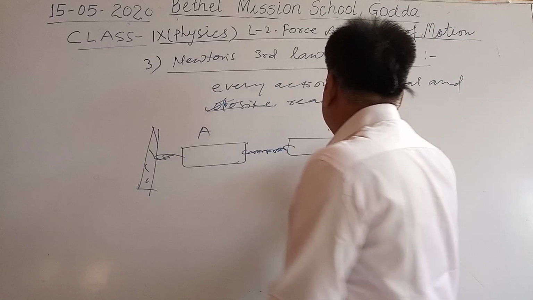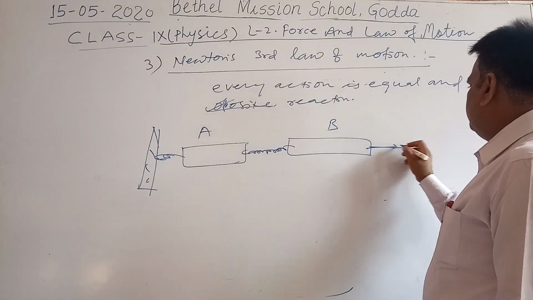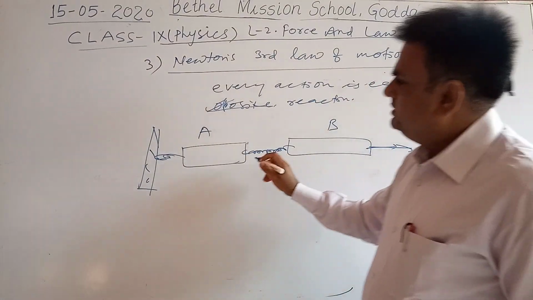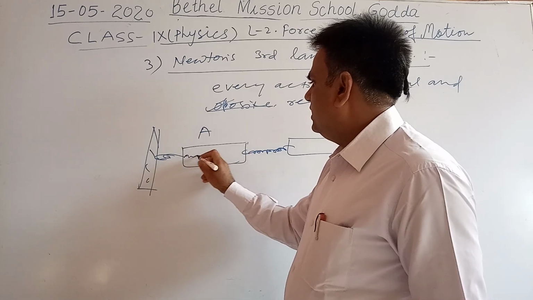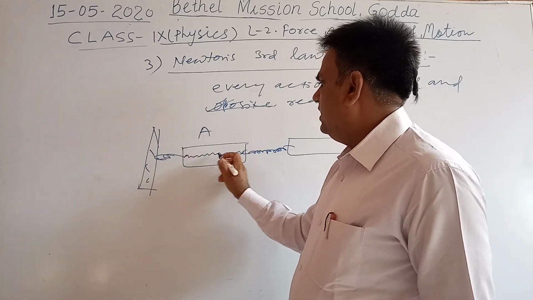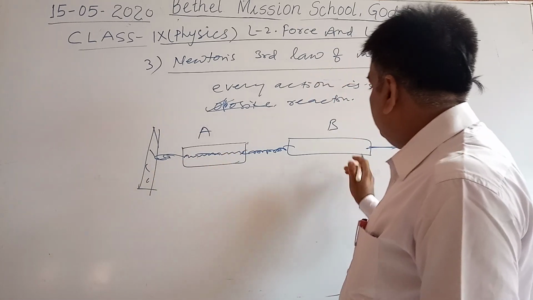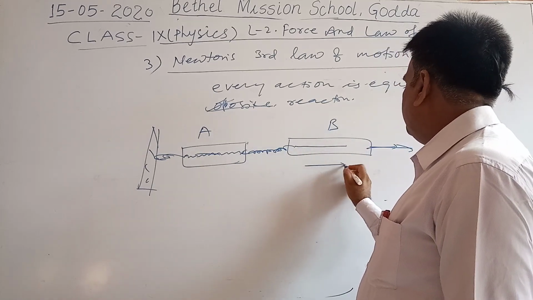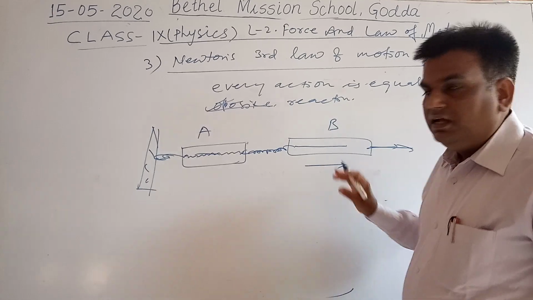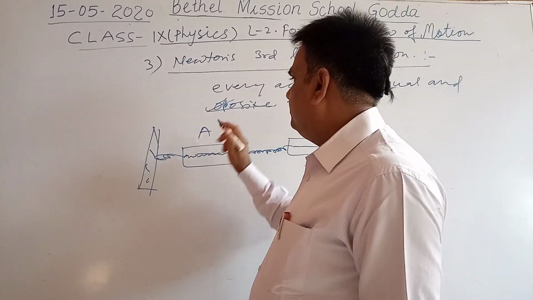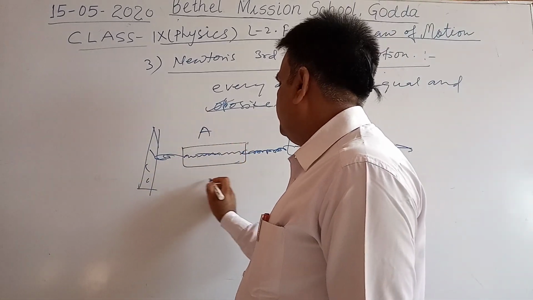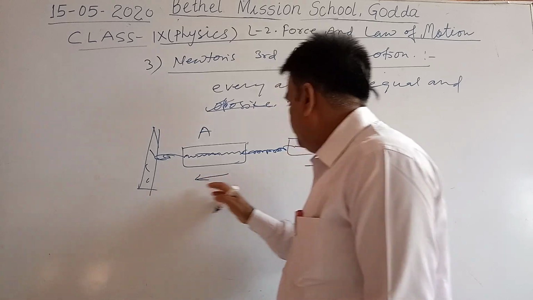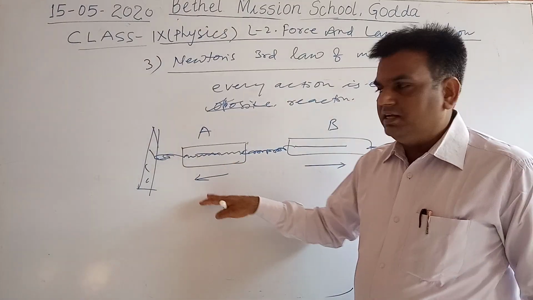As we push this spring balance forward, we will see the hook connected to this spring balance moves this side. That means the motion of spring balance B is this side, and the motion of spring balance A is this side, the opposite direction.